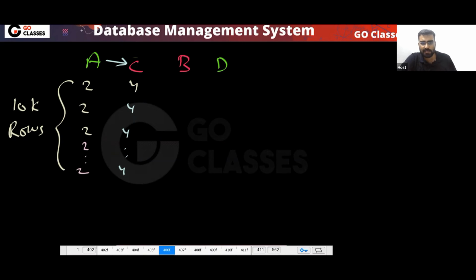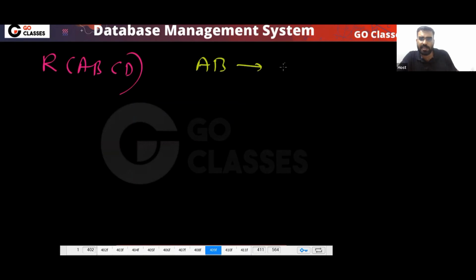That we will see in the next class. Why? If your LHS is not repeating, then RHS will also not repeat. If you have a table R with A, B, C, D, and let's assume AB determines CD, or maybe A determines BCD, now notice this is a super key.